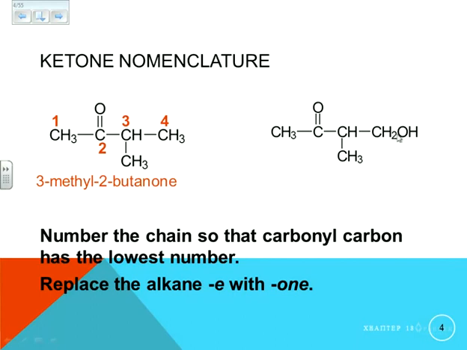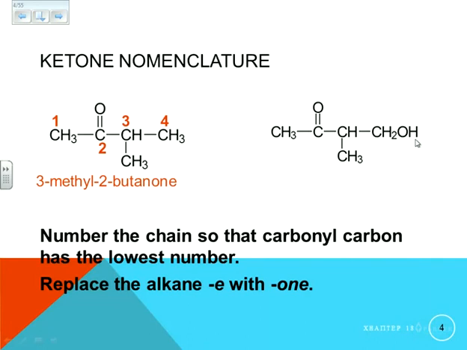Now we haven't learned how to do this yet, but let's ignore that for now. It's pretty much the same name up until that point. So you have 2-butanone, 3-methyl. Now do you see this is an alcohol here? A ketone is a higher priority than an alcohol. So it'll still end in -one.